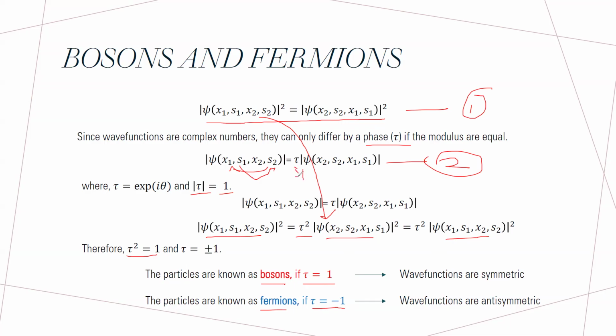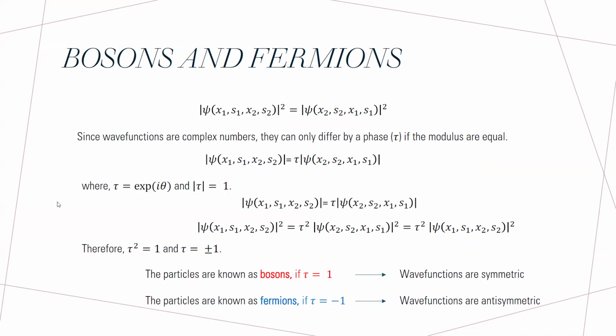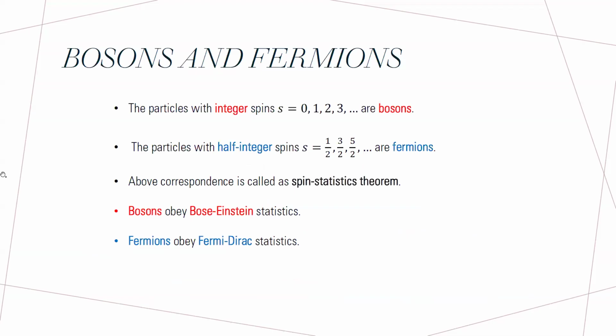If it is minus 1, when we interchange the positions of the spins, we get the negative magnitude. So it is antisymmetric. The fermions have the antisymmetric property for the wave functions, and the wave functions are symmetric for bosons.